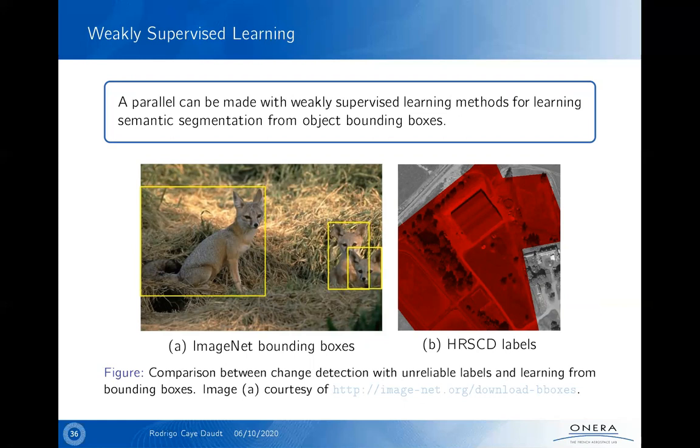Some of them are grass or maybe other things. But there are methods that try to extract information from this while ignoring the false information, let's say. And here we're doing a parallel with this. Because we have polygons, it's not a bounding box, but it's also kind of overly large markings of changes.